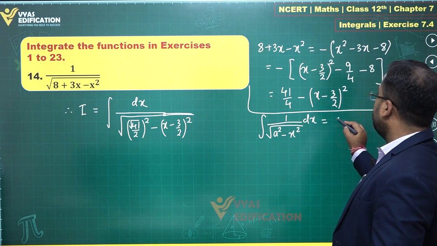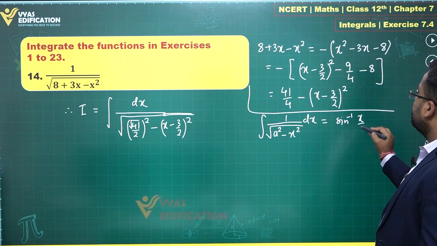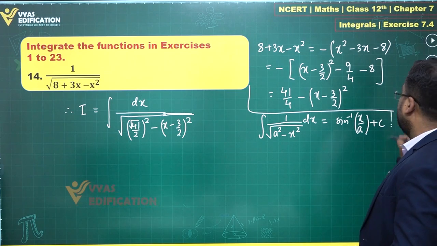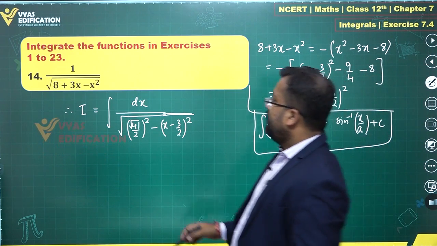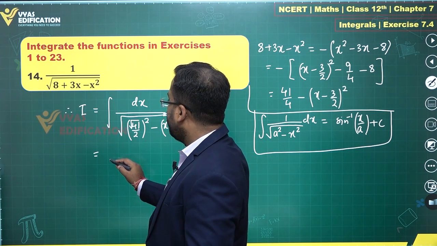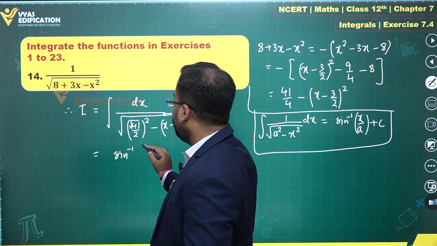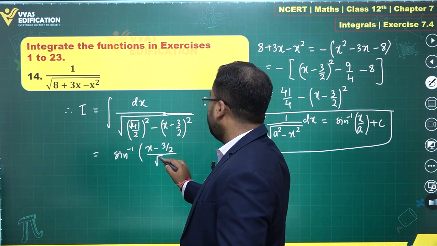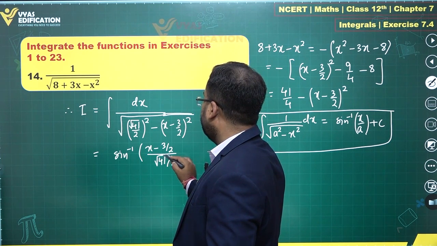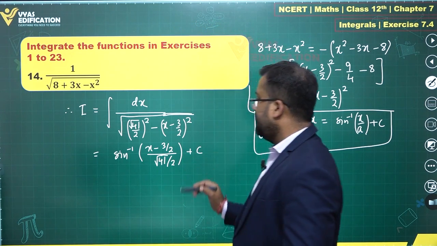The integral is equal to sine inverse x by a plus constant. This is what we'll be applying. So where does that take me? This is sine inverse x minus 3 by 2 upon a, which is root 41 by 2, plus constant term. This is what you have.